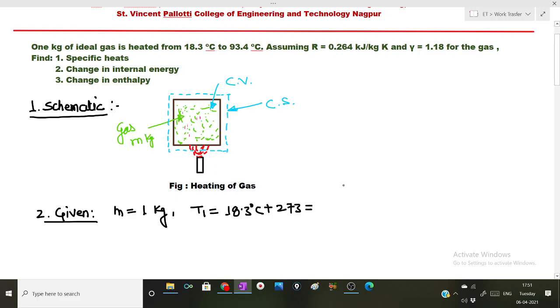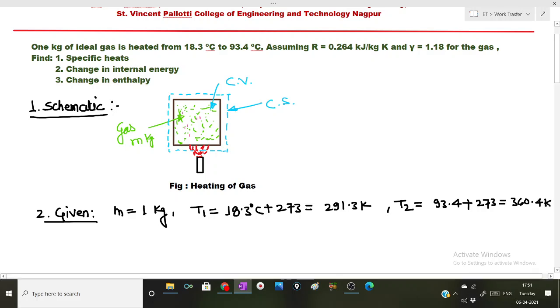So this will be 291.3 Kelvin, and final temperature T2 is equal to 93.4 plus 273, so it will be 360.4 Kelvin.